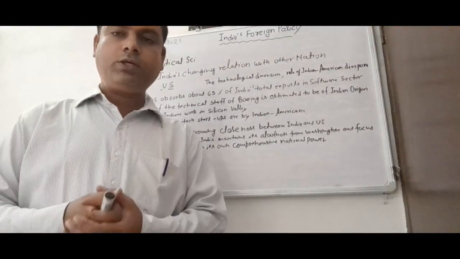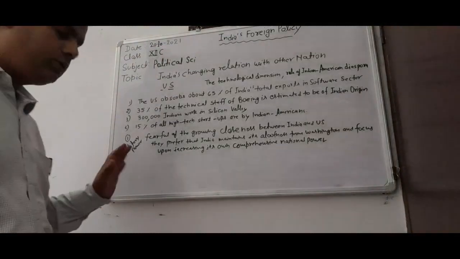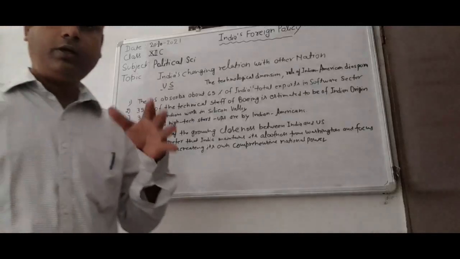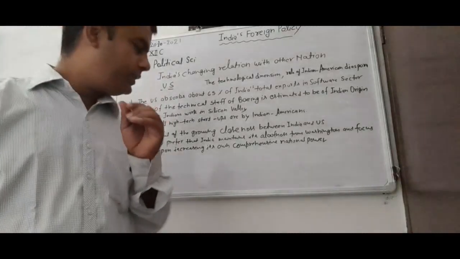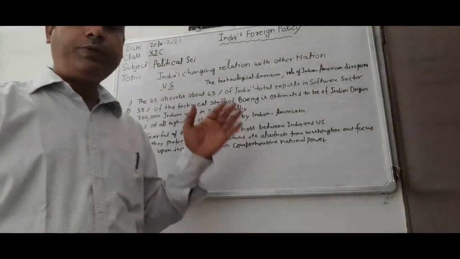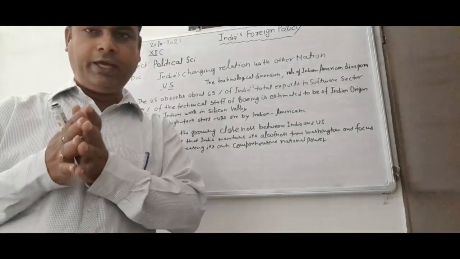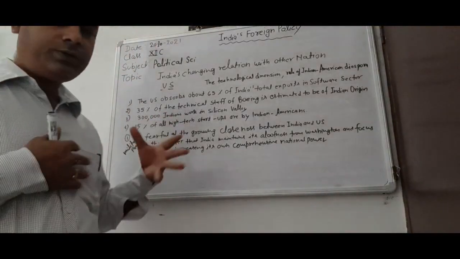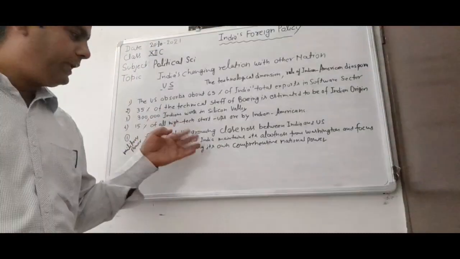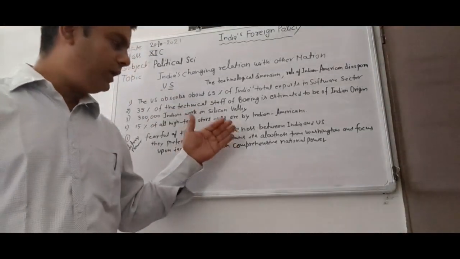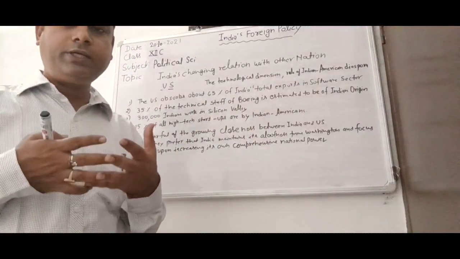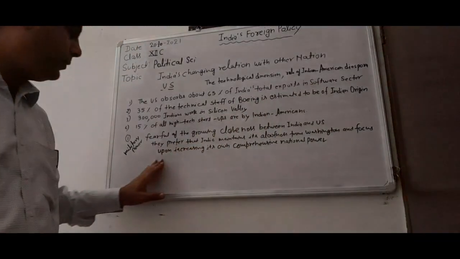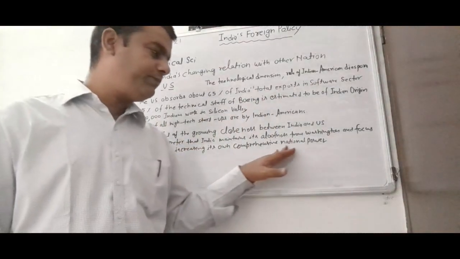The people who look at the relation on the basis of military power were fearful that the growing closeness between the US and India is very harmful for India, and they prefer that India maintain its aloofness from Washington, that is, India should keep a distance from the US and focus upon increasing its own comprehensive national power.